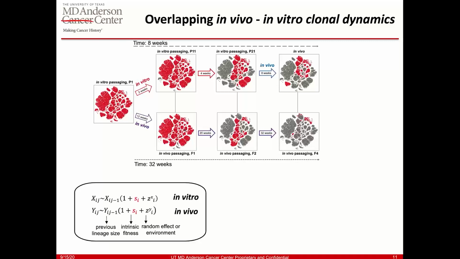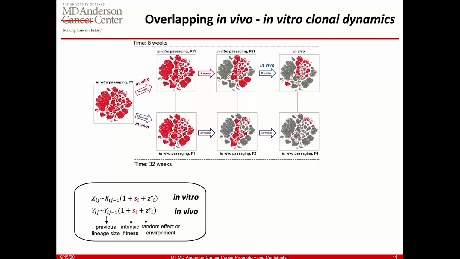We performed some stochastic modeling where Xij represents the number of barcodes of lineage i at passage j, which is a function of the number of barcodes in a previous passage, so j minus 1, and also the intrinsic fitness, as in, are there certain tumor cells which just have a higher fitness level, and some random effect.